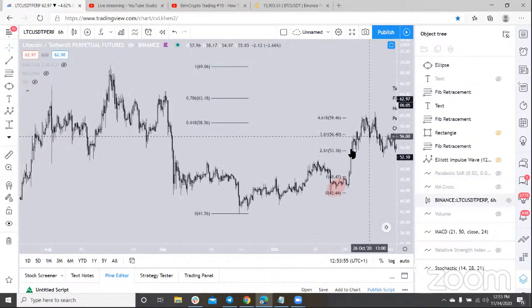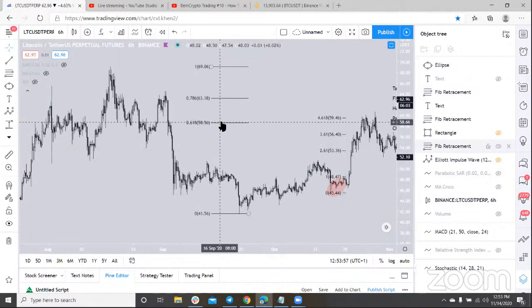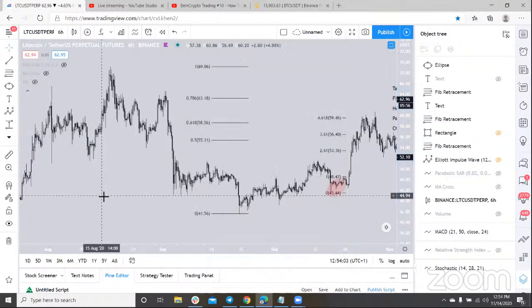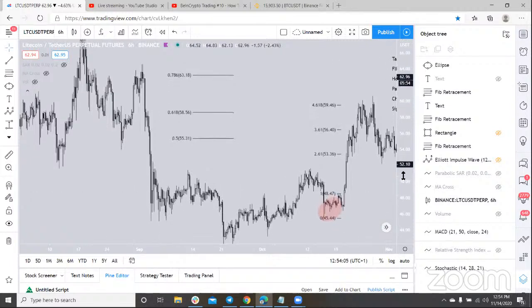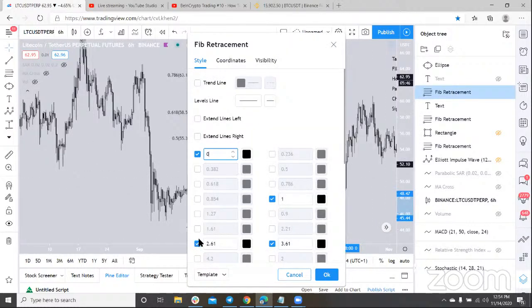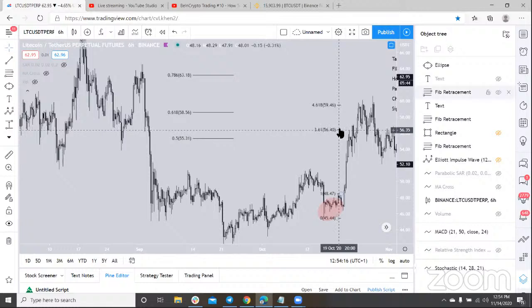So the first thing you can do is use the 0.5, 618, and 786, most common. So you try to find levels which coincide with each other. 2.61 doesn't coincide with anything, we take that out. 3.61 is very close to 0.5.